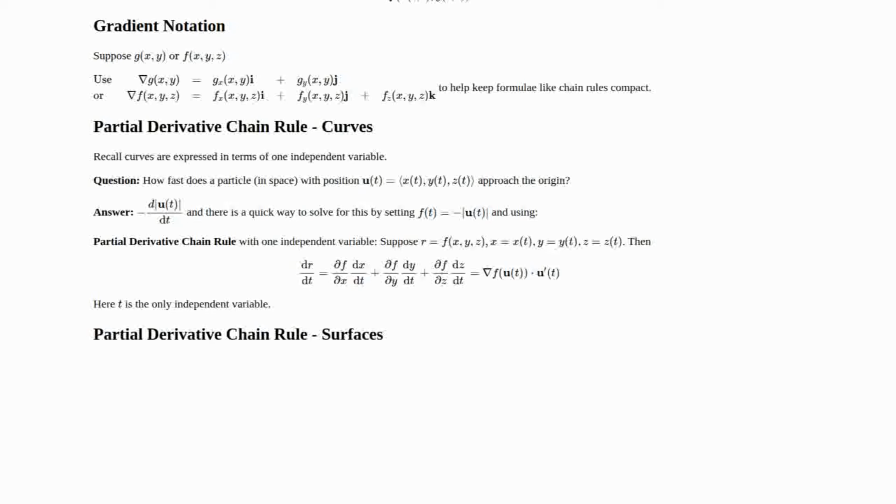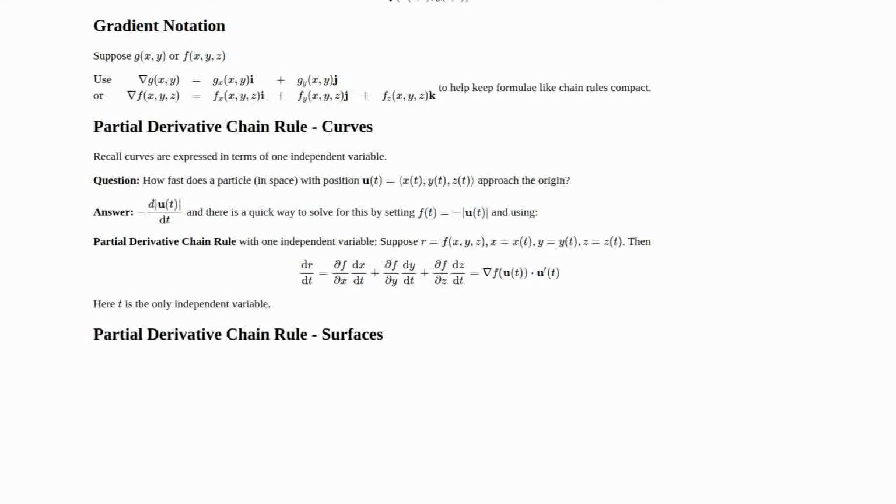Then one could ask, well, what's the overall change in r with respect to t? dr/dt is then the partial derivative of f in x times the derivative of x in t plus the partial derivative of f in y times the derivative of y in t plus the partial derivative of f in z times the regular derivative of z in t. And now we will see that our gradient notation we introduced is useful, because we can rewrite this compactly as the gradient of f times the derivative of u in time.